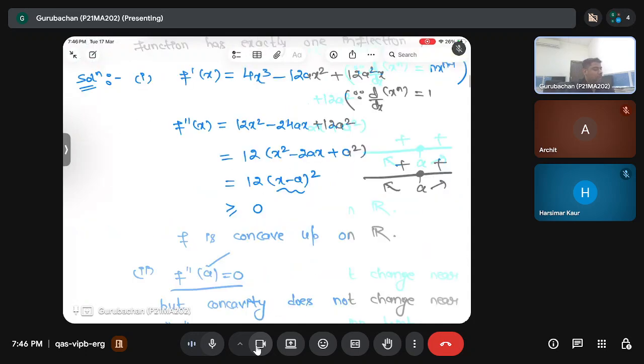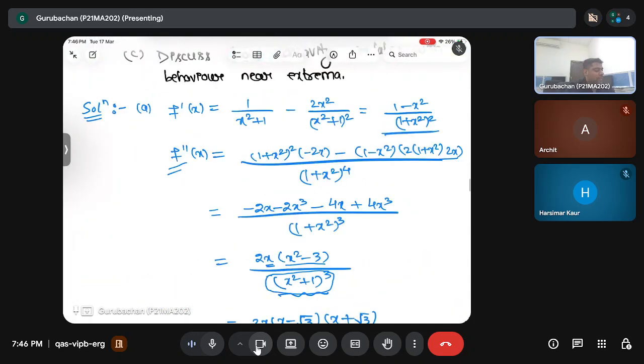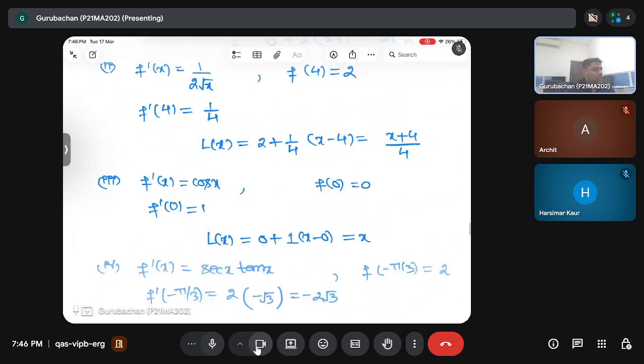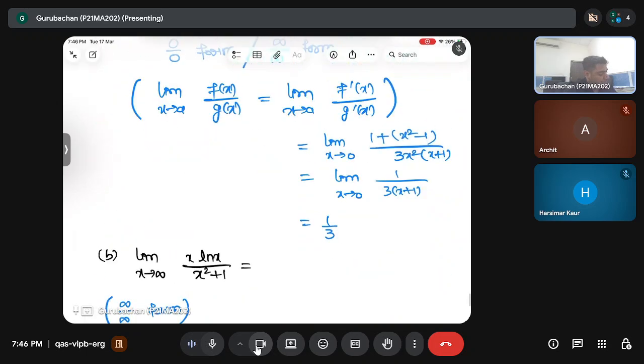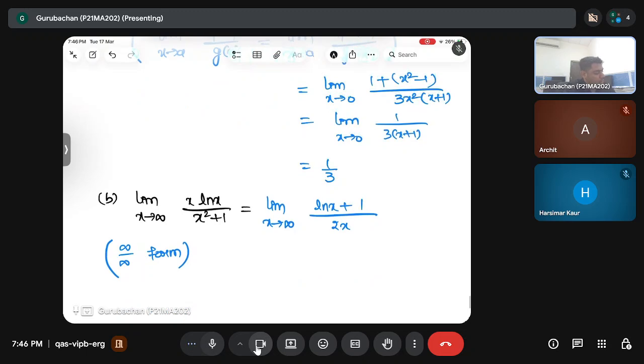We can directly apply the L'Hopital rule here, because we know that L'Hopital rule applies to 0 by 0 form and infinite by infinite form. So we differentiate this one. So this will be ln x plus x into 1 by x, which will give you 1, and denominator is 2x.